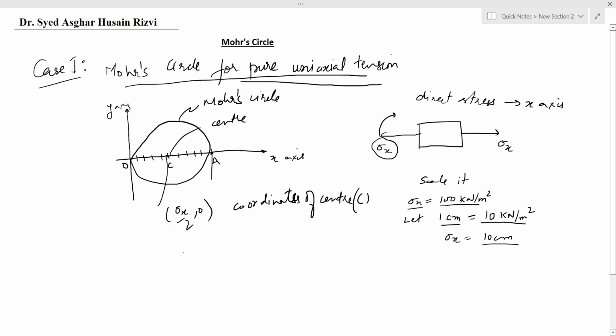The maximum extent here is sigma 1, and sigma 1 will be equals to sigma x. And since the other end of the Mohr circle is at origin, therefore sigma 2 will be equals to 0. These are the principal stresses.